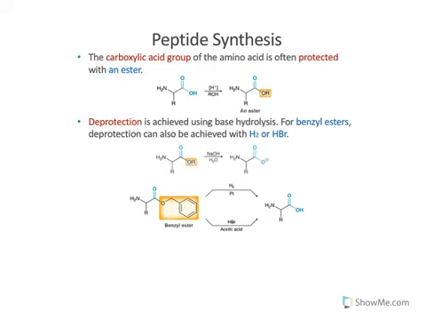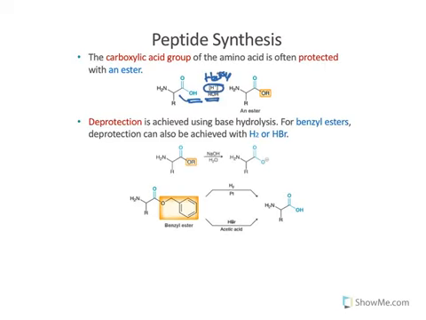For carboxylic acids, we can do protection by transforming them into an ester. Now we can achieve this using Fischer esterification. So we use an alcohol in the presence of an acid, that is the carboxylic acid, and we also need something like sulfuric acid, so that is the one over here.